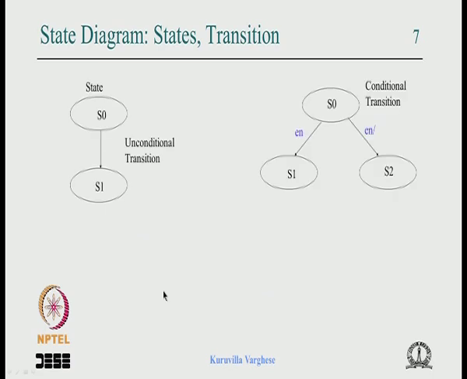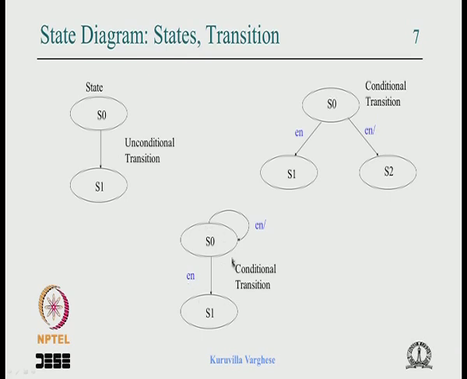So we have seen some kind of unconditional transition going from one state to another state on the next clock edge, and here we have a transition depending on an input. That means if the machine is in this state or step, when input is 1 it goes here, input is 0, it is a branching condition.